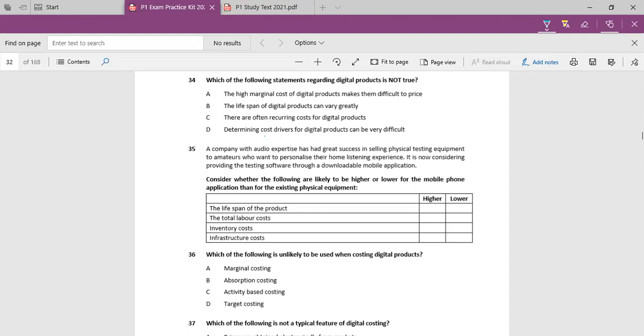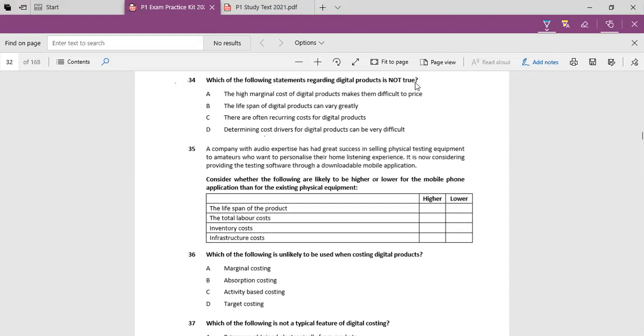The question part is always in bold format, and the word not is in capitals, caps lock.